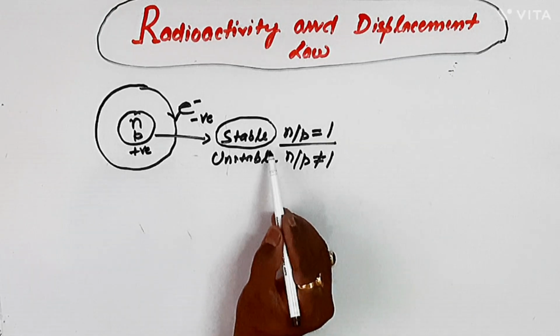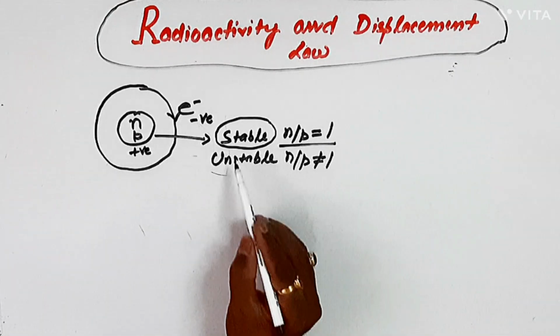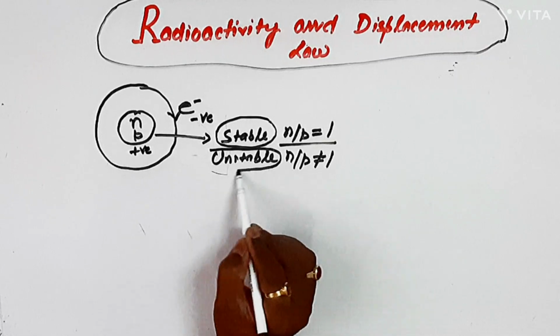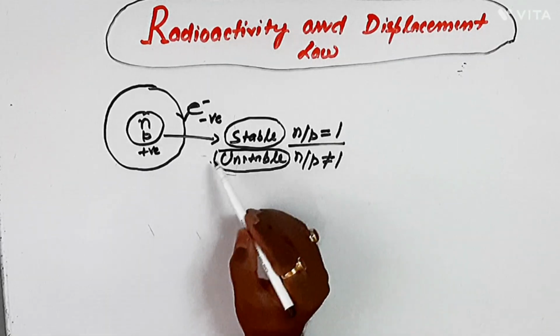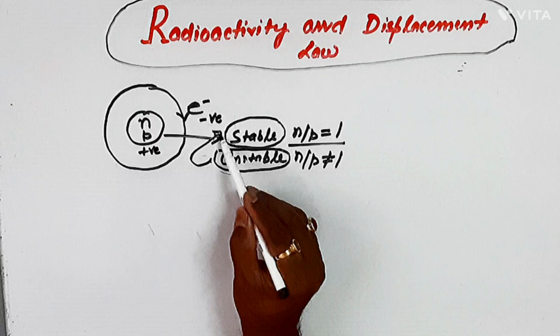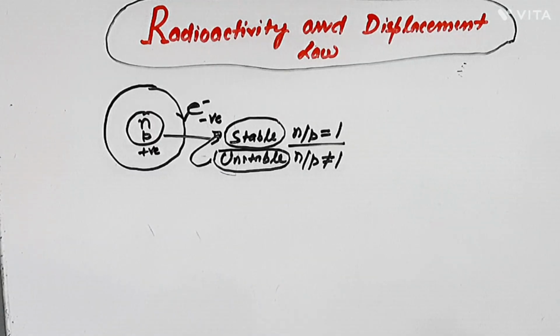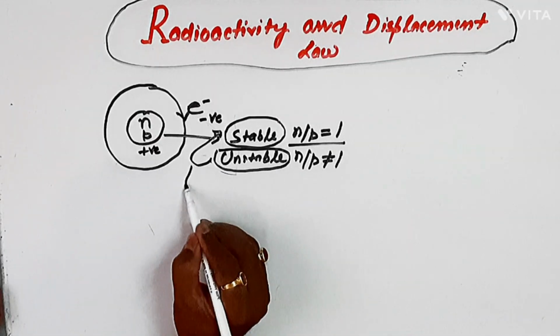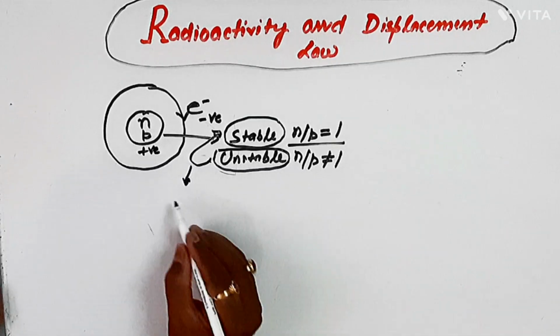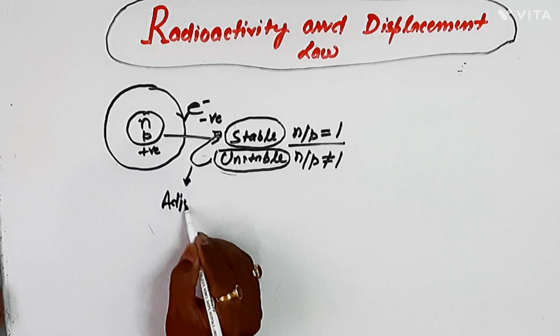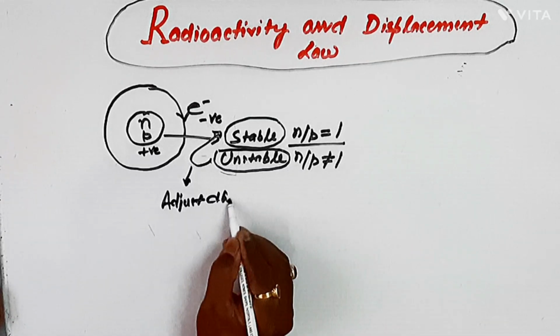No nucleus wants to be in an unstable position. Each and every nucleus wants to convert itself from an unstable to a stable position if it is already unstable. In this process, it adjusts the nucleons.